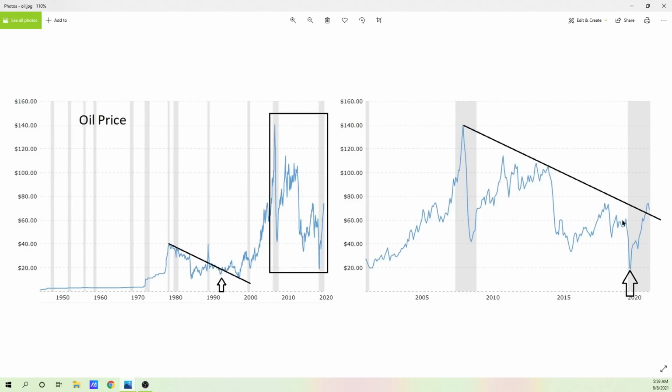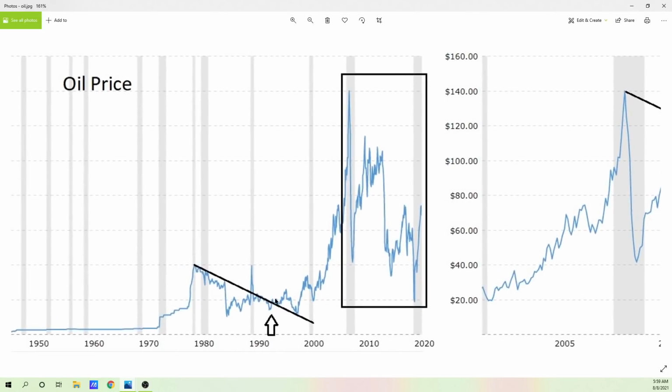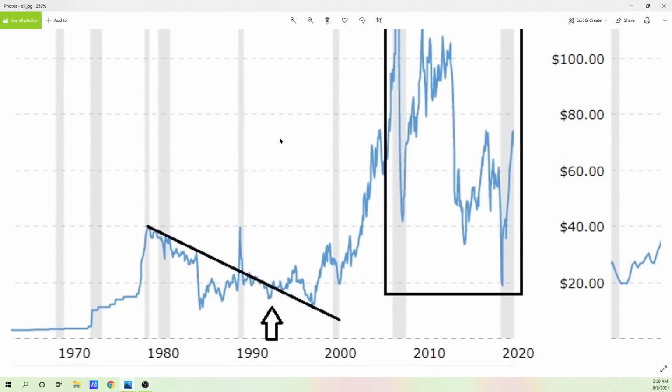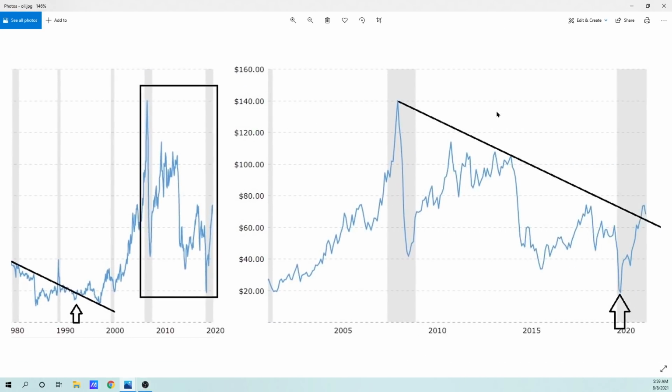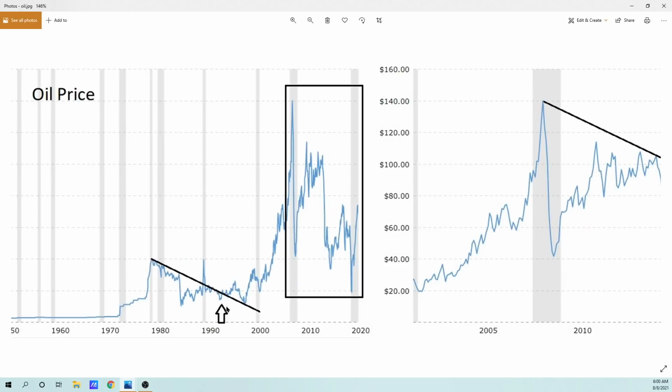If this down movement is analogous to this movement, we are somewhere in this range where the arrow's at. If I zoom in here, this is what I'm looking at, this area in here. This area in here is the same as this area over here, or what's inside this box. So this type of movement here is analogous to this type of movement here.